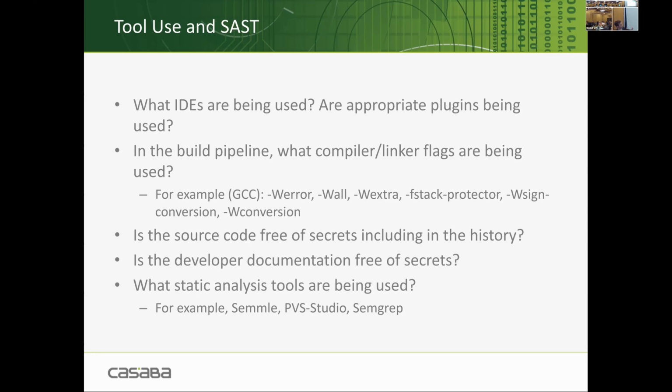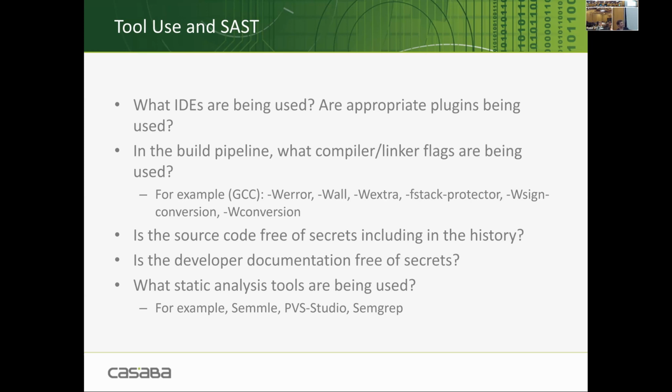Is the source code free of secrets, including in the history? So this is one that you encounter quite a bit when you're looking at things. Sometimes there's secrets in source control, sometimes there's secrets in test code, which also work in production code. Sometimes there are no secrets, but if you go back in history to when the application was first developed, you find them all because maybe they were committed.